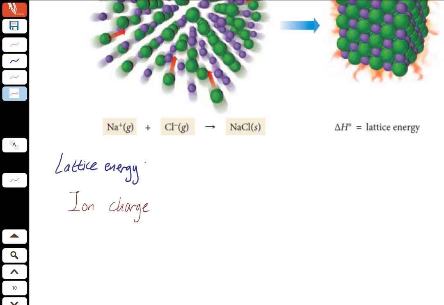If things are more highly charged, then that energy released by them coming together and attracting each other is going to be relatively greater. So higher ionic charges is going to lead to higher lattice energy.